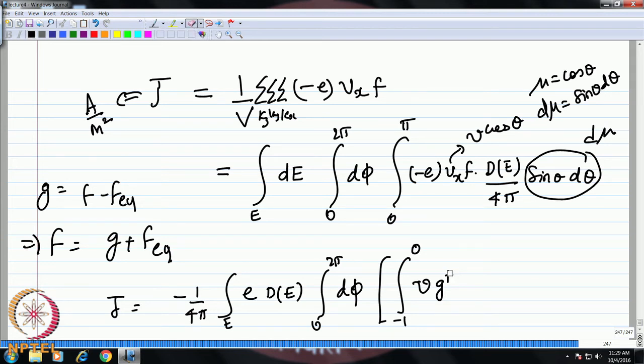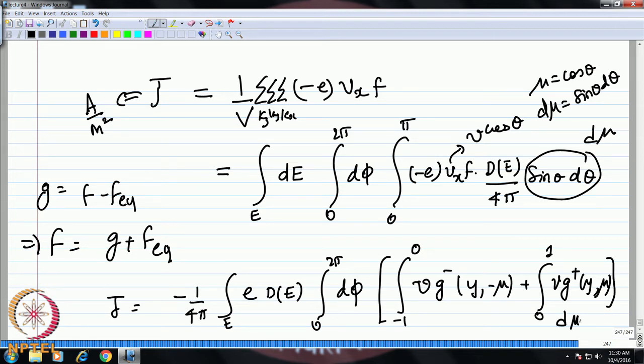So, we will use G minus y comma minus mu, this indicates negative 1 plus 0 to 1 V G plus y comma mu, all this d mu, right.